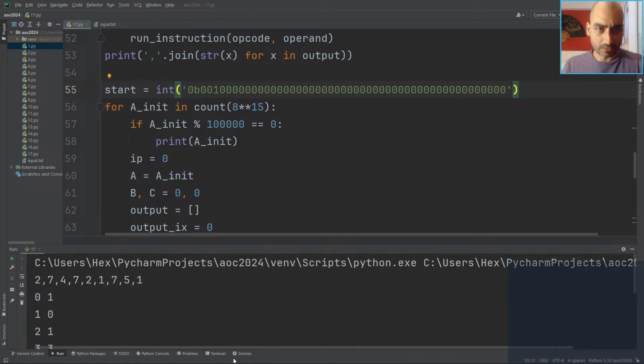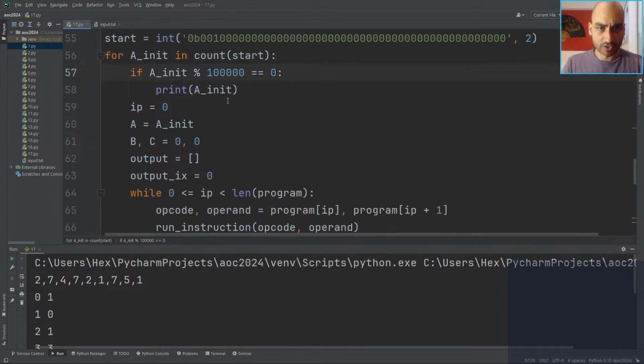We don't need to convert it to decimal, we just need to have it. Okay. You just have to put 2 here, right? Start equals that. Let's try that.